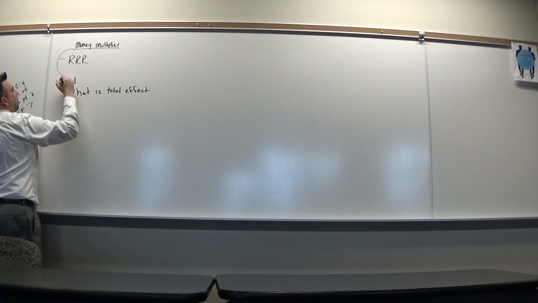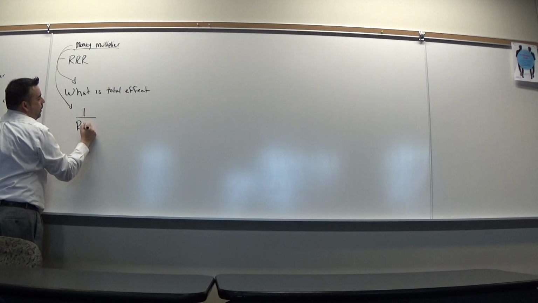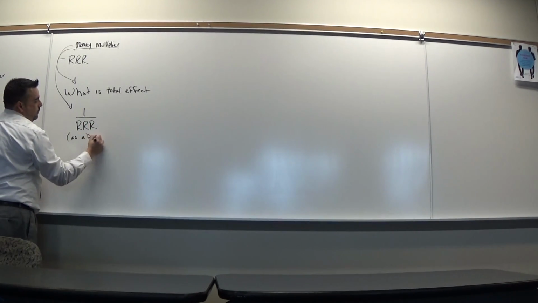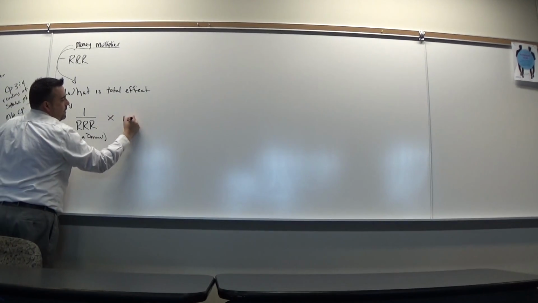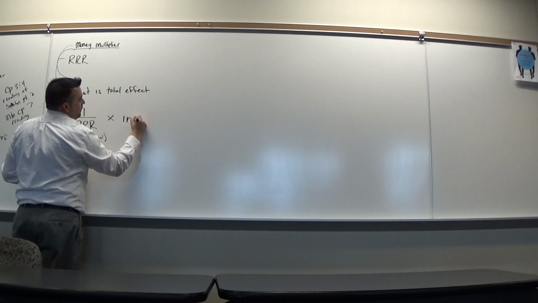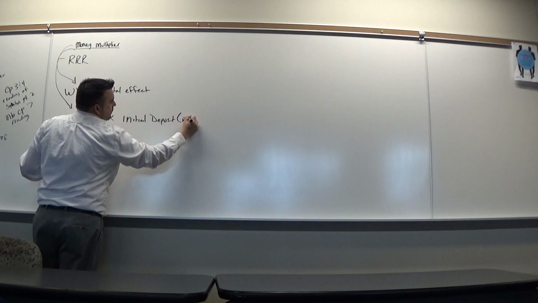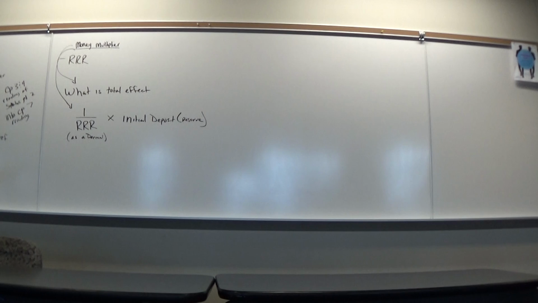We can use, again, our money multiplier, 1 over the RRR, and we do this as a decimal, times whatever the initial deposit or reserve was. So whatever our initial deposit, or from the bank's point of view, the initial reserves they took in before they loaned it out, we can then solve for the total effect in society.